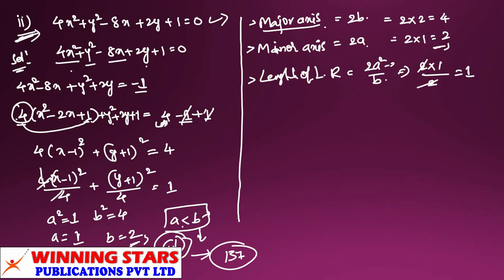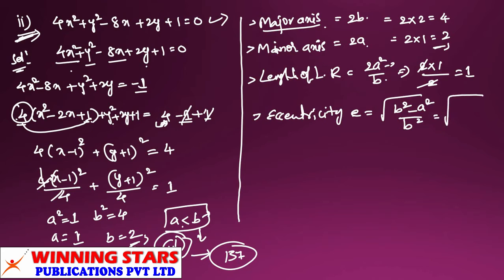Now e is equal to, what is e? Eccentricity. e is equal to the under root of b square minus a square divided by b square. See, in that ellipse section on page number 137, the eccentricity is given at the end.